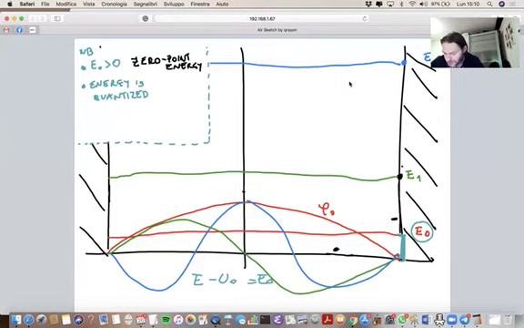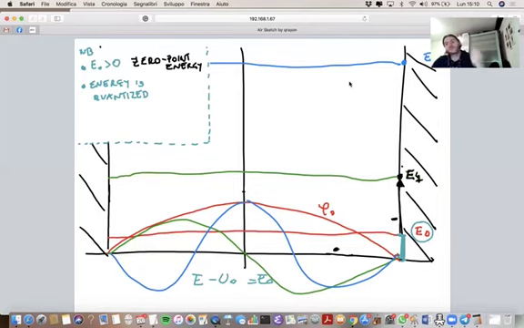The only energies that I can have in the system are E. The closest energy I get to E naught is E1, which is 4 times E naught. And the next is E2, which is 9 times E naught.